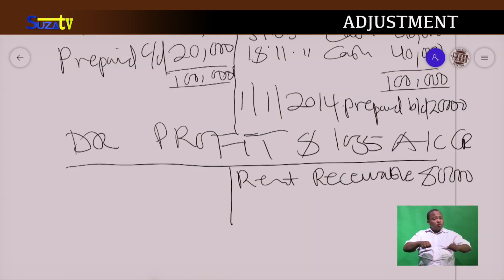After that, we should remember that all accrued expenses will be a liability in the balance sheet, and all prepaid expenses will be an asset in the balance sheet.